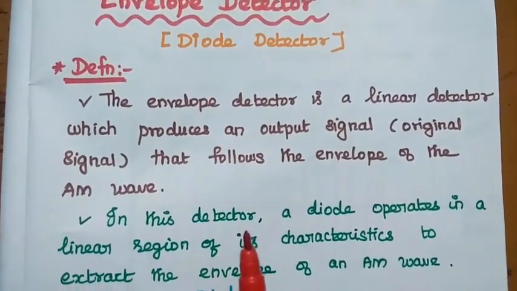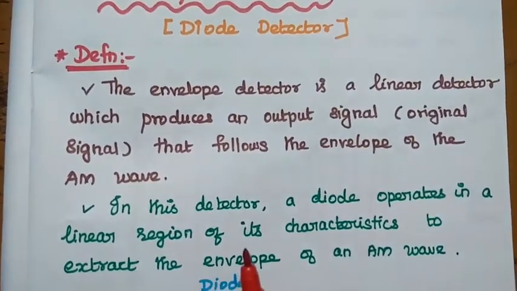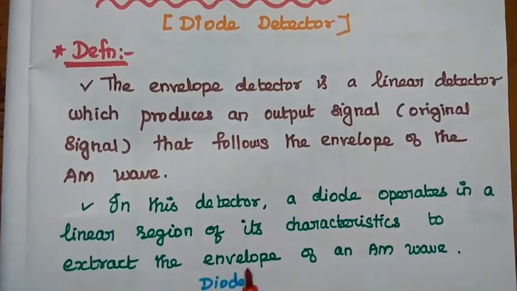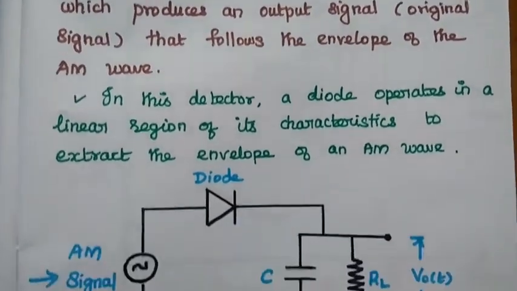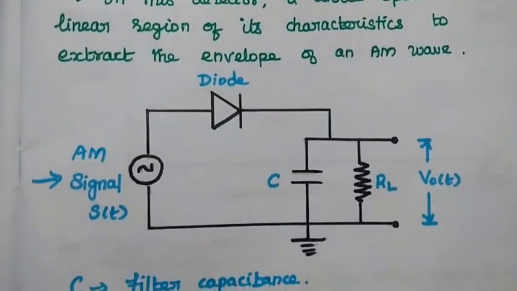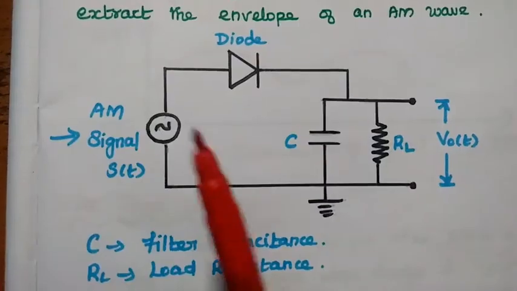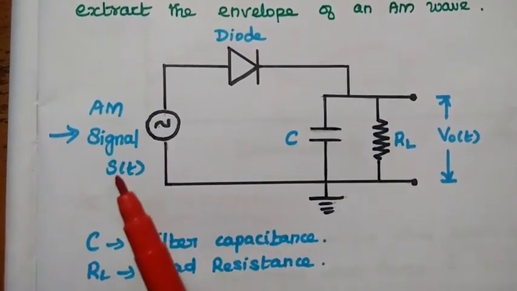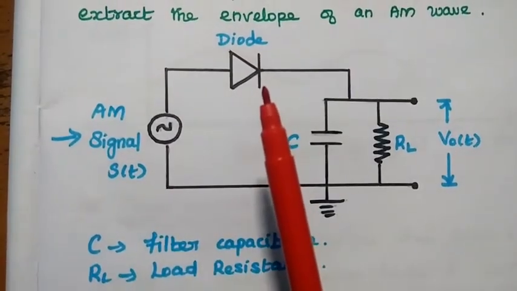In this detector, a simple diode operates in a linear region of its characteristics to extract the envelope of an amplitude modulated wave. So this is the circuit diagram of the envelope detector. Here we receive the amplitude modulated signal S of t and give it as the input to the diode.